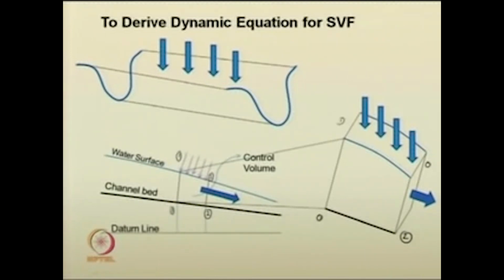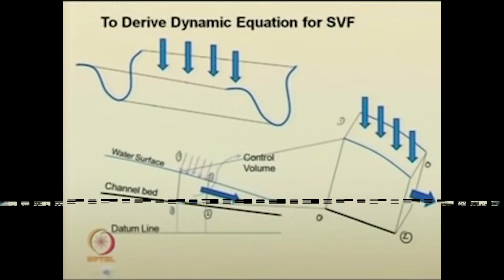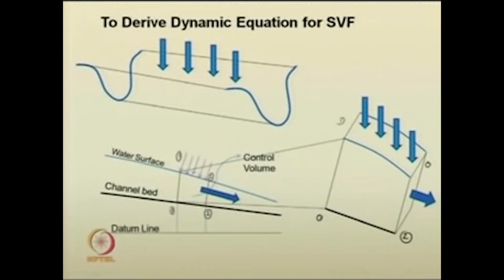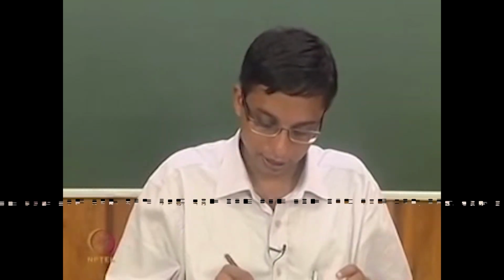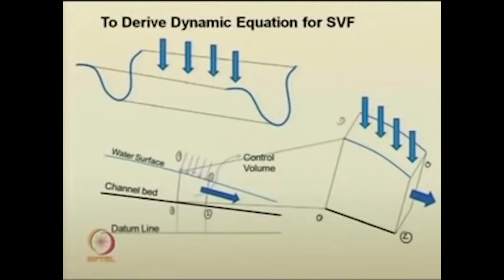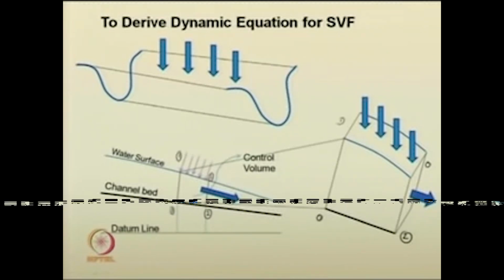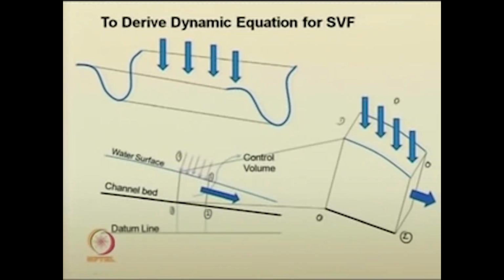So, we will derive the governing equations that are required to obtain the dynamic equation for spatially varied flow. As seen in the channel, the quantity is increasing along the reach of this channel. Let me suggest that this is Q star.